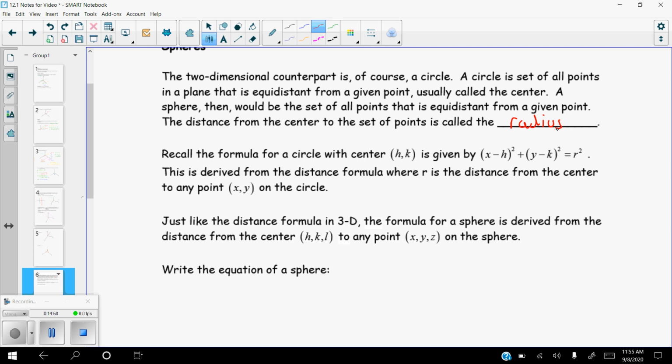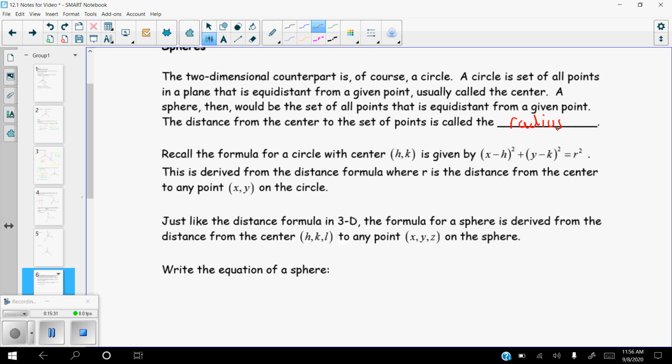So recall the formula for a circle with center h, k is given as x minus h squared plus y minus k squared equals r squared, where r is the radius. This is derived from the distance formula, which we did in the very beginning of class. It's just the distance, again, from the center out to any point on the circle. This is exactly the same idea as it is for a sphere, so all we're going to do is add in the z component, which in this case we use l for the center's z component, and z, of course, is the actual point on the sphere.